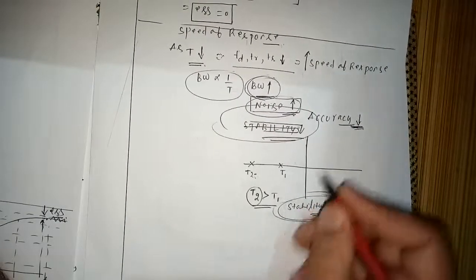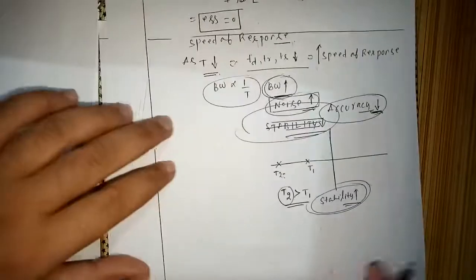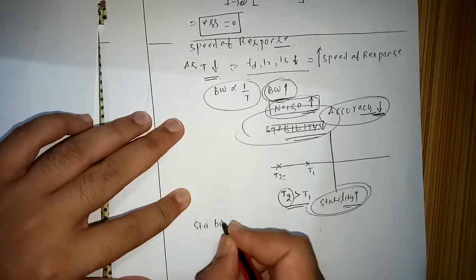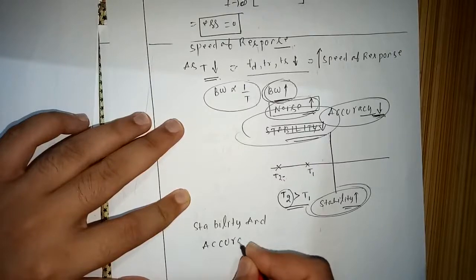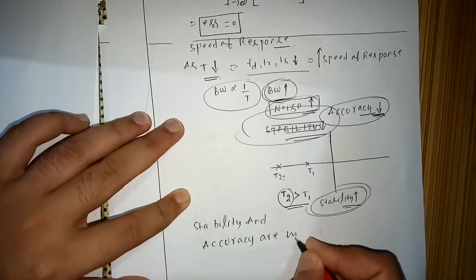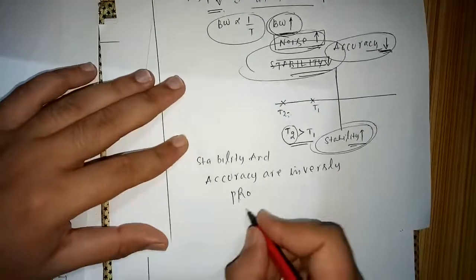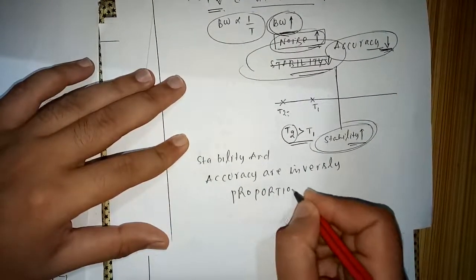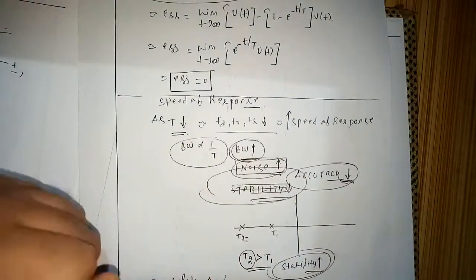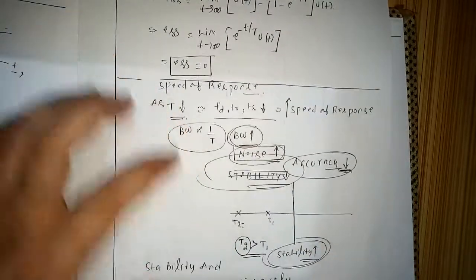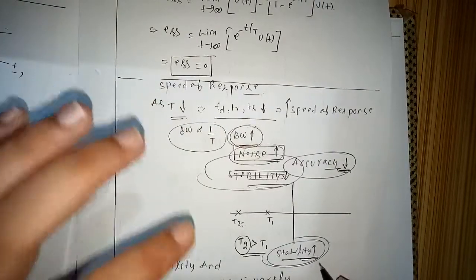But when stability is increased, accuracy is decreased, right? So we can say stability and accuracy are inversely proportional. Why? Because if the time constant decreases, poles move away from the imaginary axis, and as poles move away from the imaginary axis, stability of the system increases.